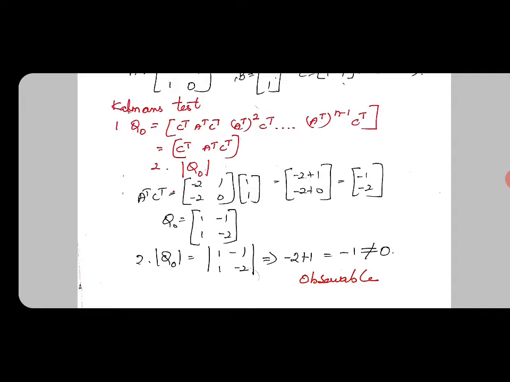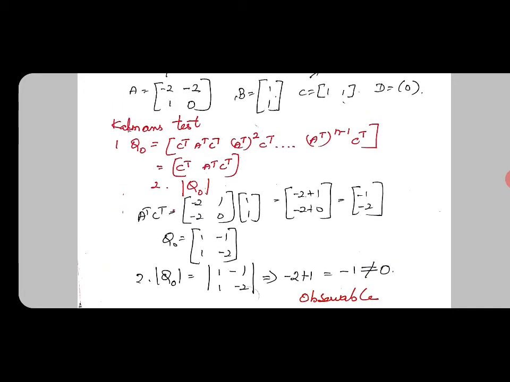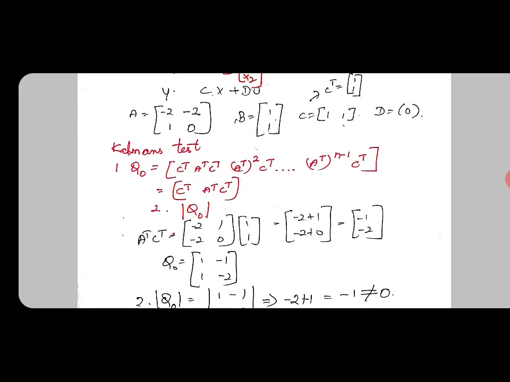Then Q0 is equal to [1 -1; 1 -2], then the determinant of Q0 is -2 plus 1, which is -1, not equal to 0. Here the output is not equal to 0, which is observable. When the output is not equal to 0, the state model is said to be completely observable from the Kalman's test.